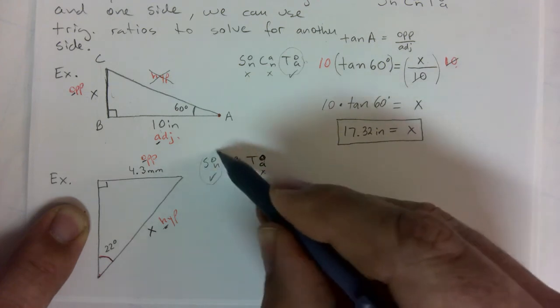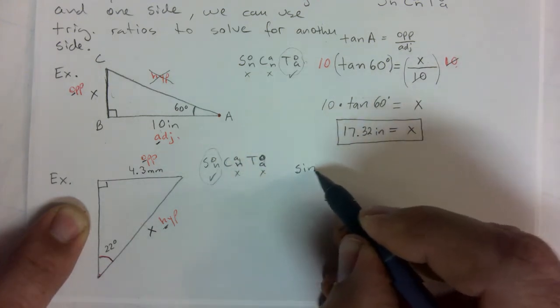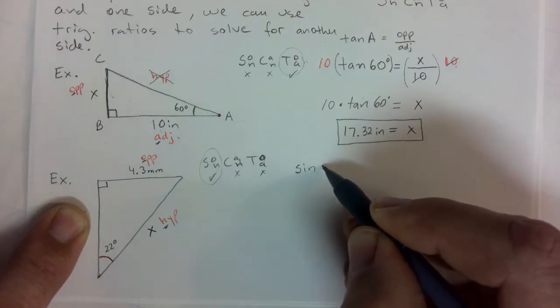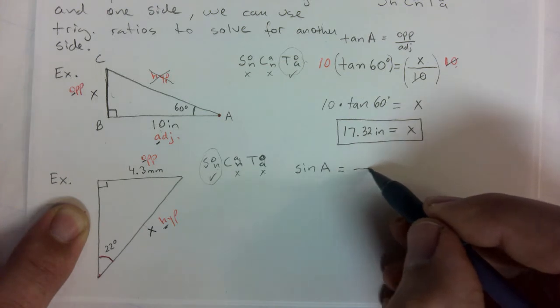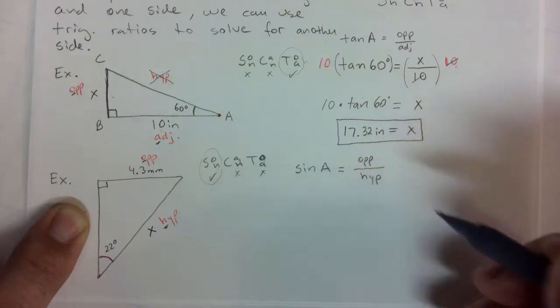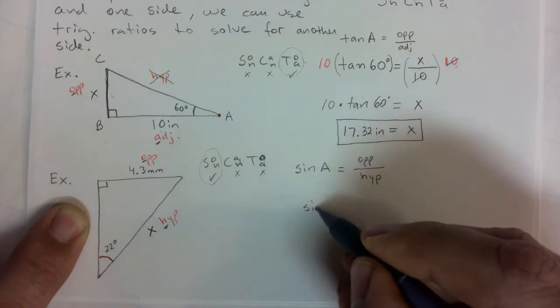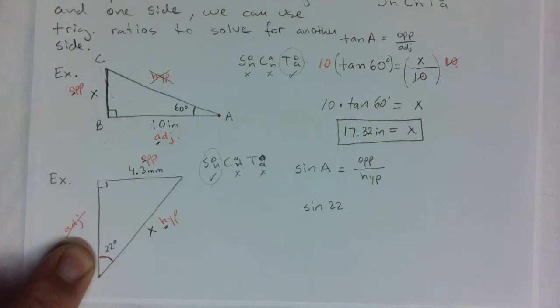So we're going to use this as our setup. So here we go. Sine of our angle, which we can use any letter for, we happen to use A lot, is going to be opposite over the hypotenuse. I know that. And I do know that angle, which is 22 degrees. And that angle could be in decimals.